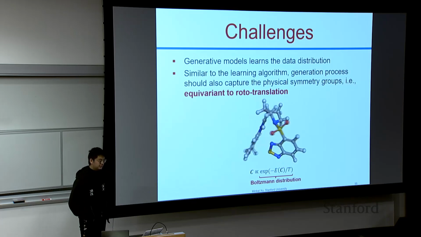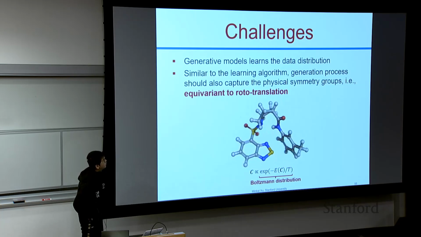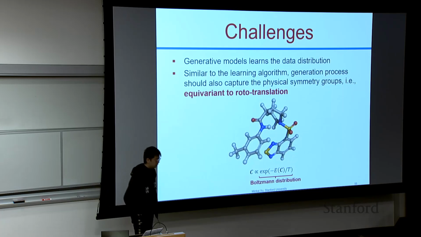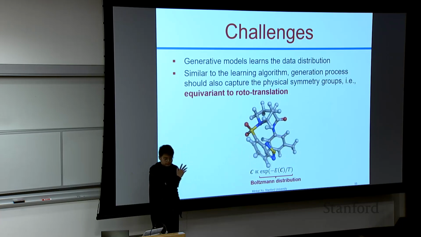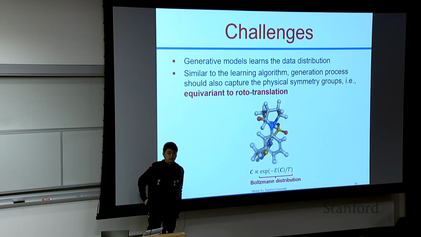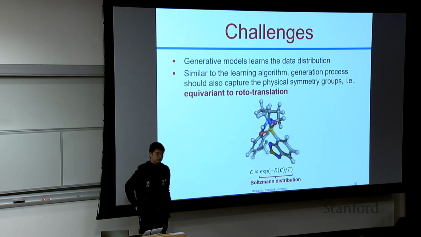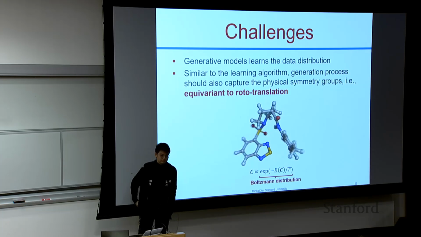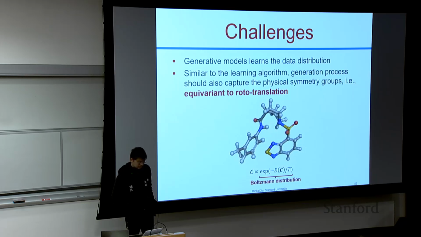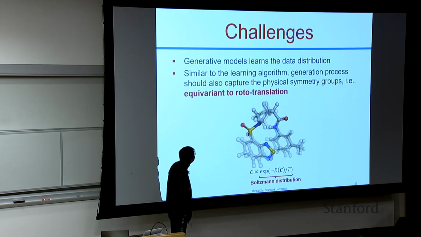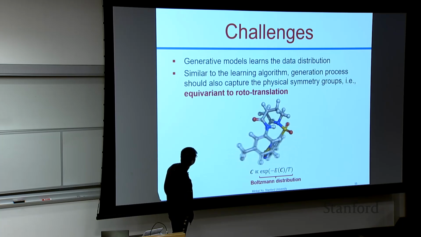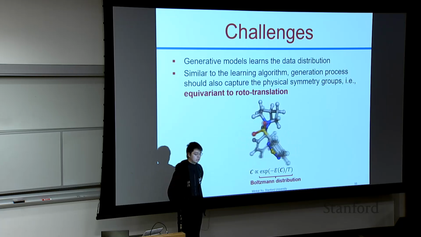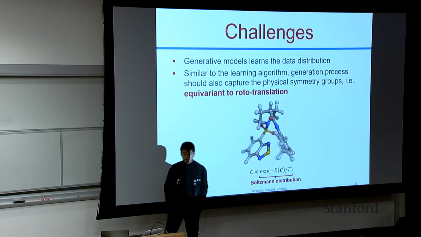Similar to the representation learning for 3D graphs, which needs to capture some invariance and equivariance, here it is the same. For the generative model, we also want to incorporate some equivariance into the model.